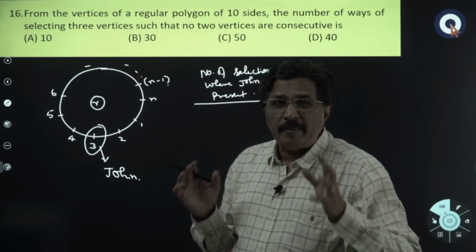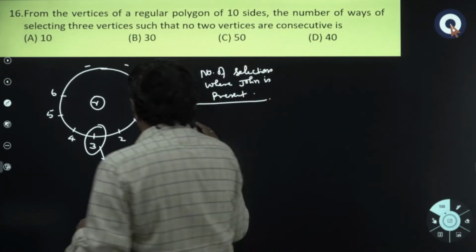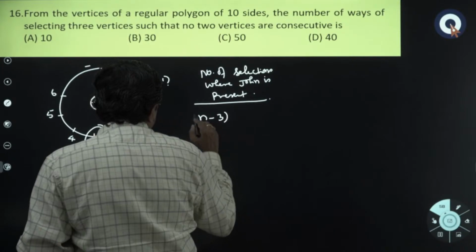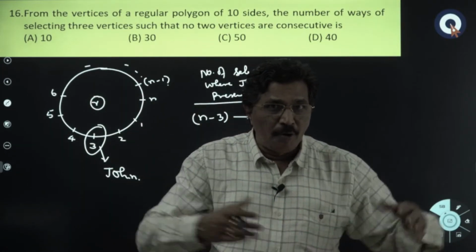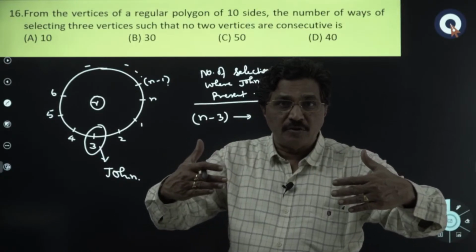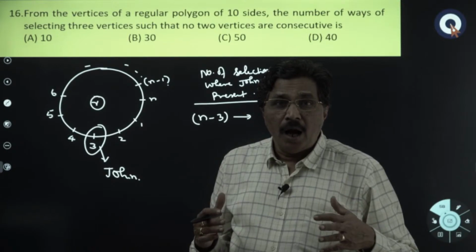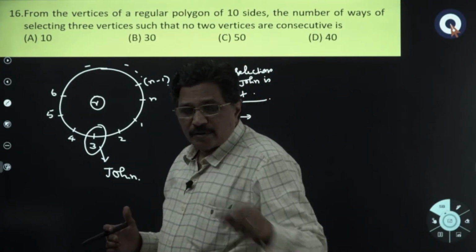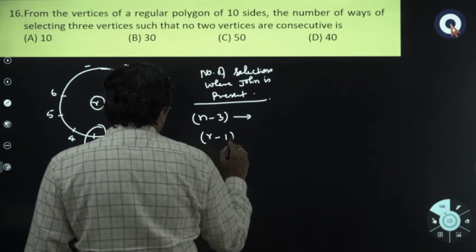Now we have removed 3 people, and the remaining n minus 3 people are now placed as though linearly, because the circle is broken, it's no longer circular. Of them I have to select any r minus 1, because John is already present here, such that no 2 of them are consecutive.